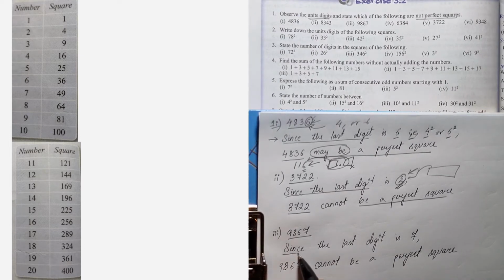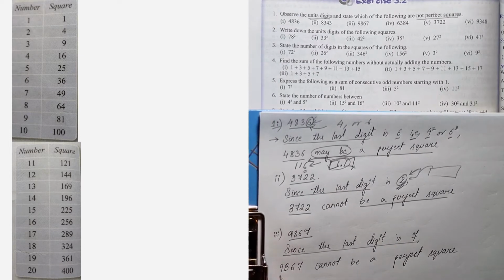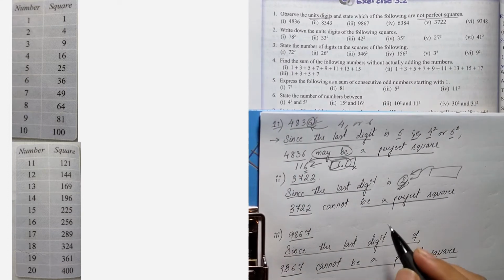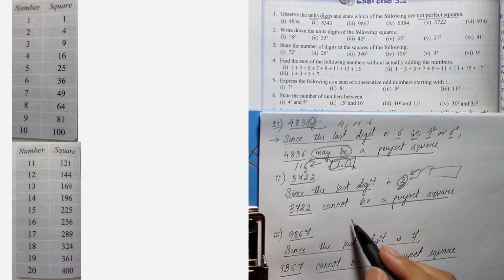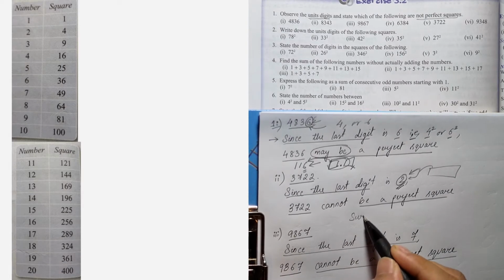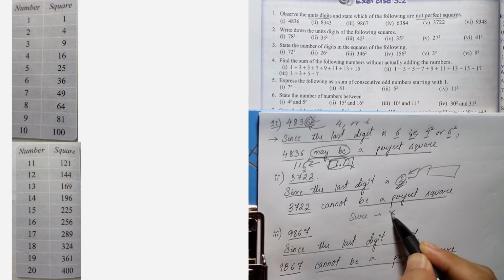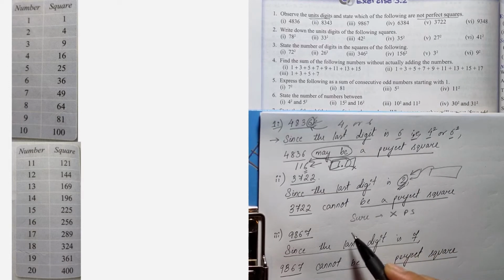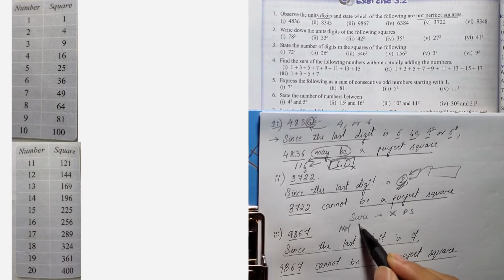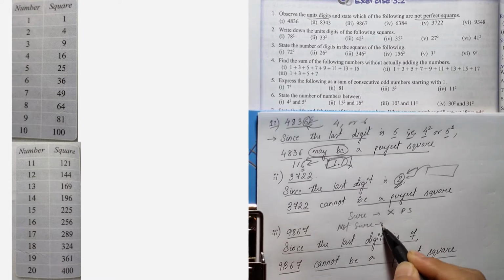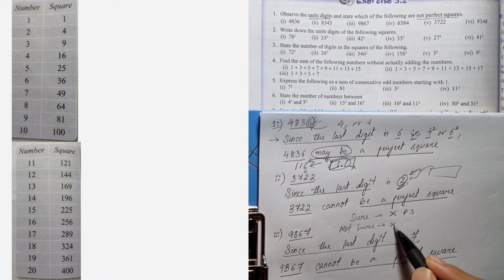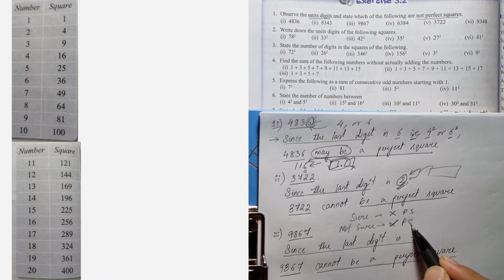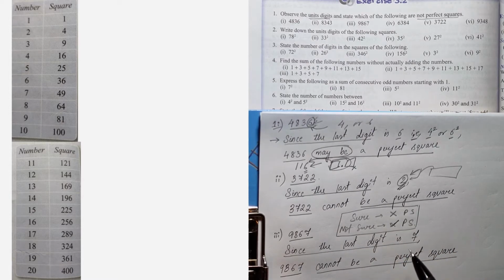Again, since the last digit is 7, 9867 cannot be a perfect square. So from these examples we understand that we can very surely say that this is not a perfect square. But we cannot be sure about the fact that it may or may not be a perfect square. Please keep this in mind.